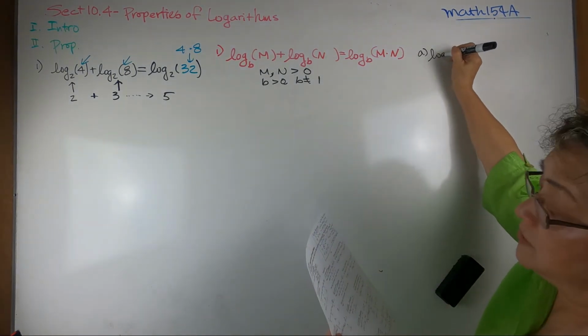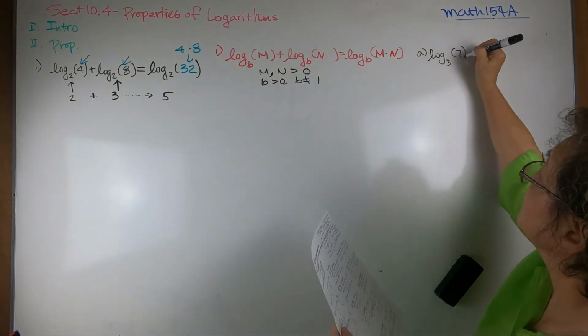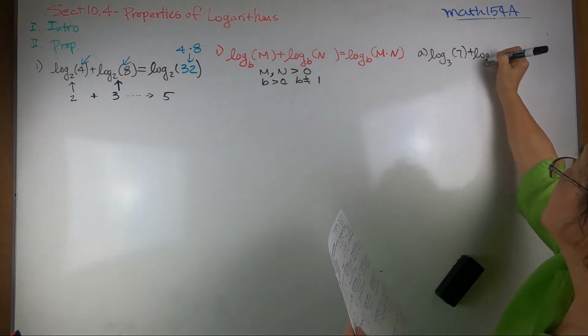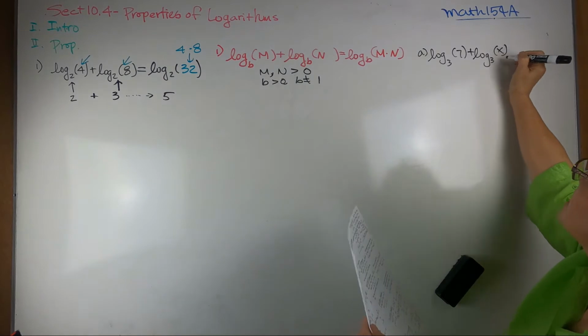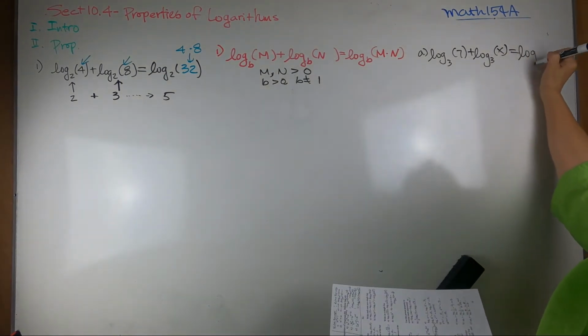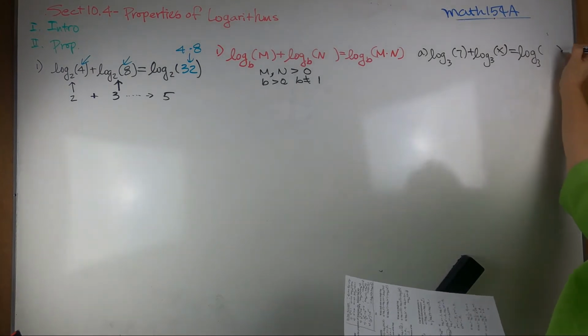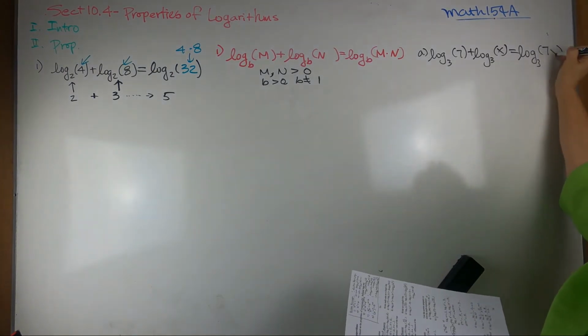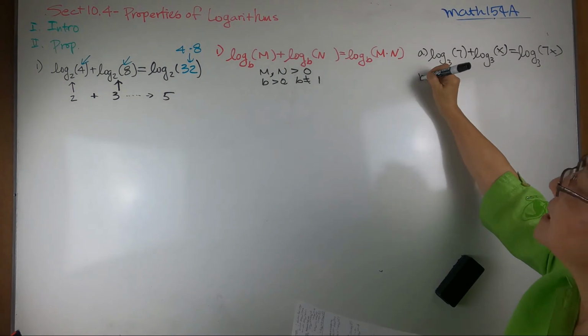Okay, so you have log base 3 of 7, and we're doing the addition right now. Same base. If we want to write it as one log with base 3, what do we need to do? Inside would be 7 times x, right?